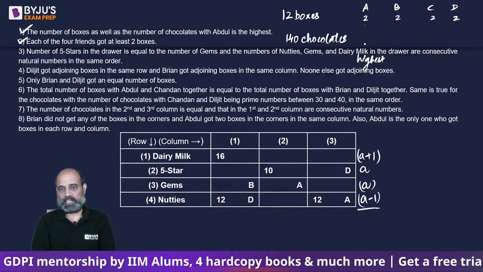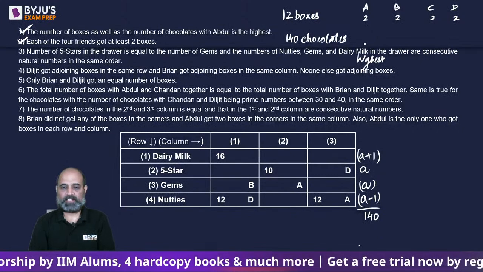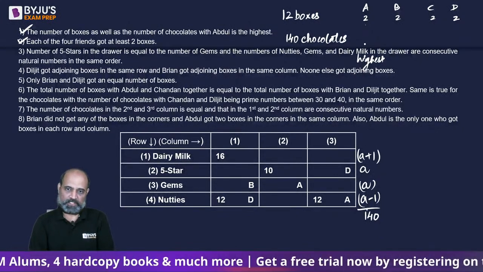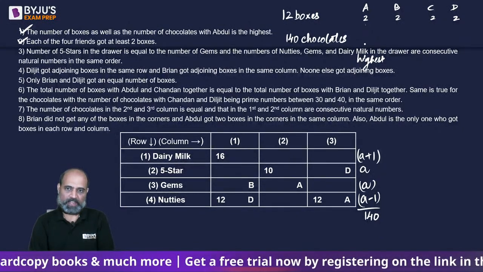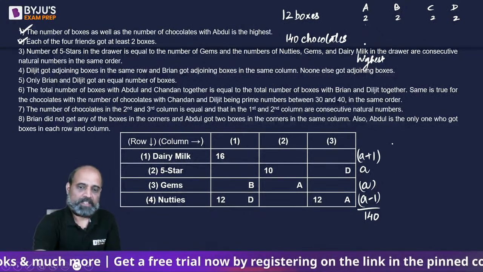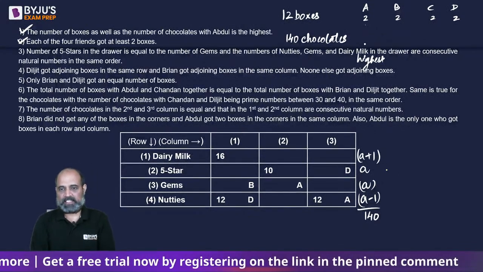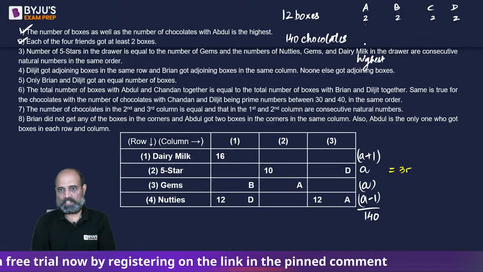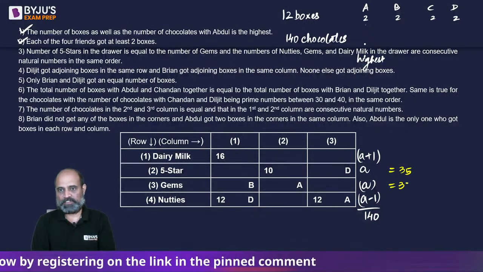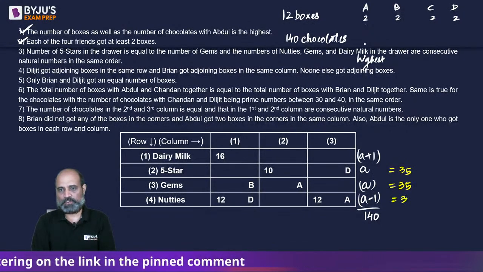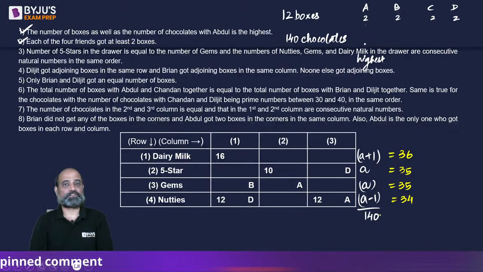And we also know that this sum is 140, right? So this gives us 4A is 140. That tells us that A is 35. So this is 35 5 stars we have, 35 Gems we have, 34 Nutties we have, and 36 Dairy Milk we have. So this we have concluded from third statement.